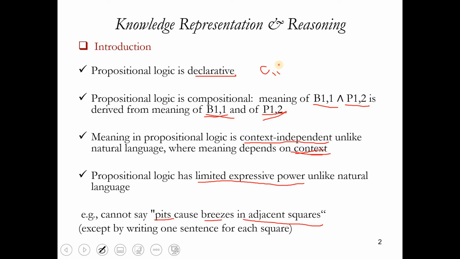So let's say cell 1 1 and cell 1 2, all of them, and the last one is cell 4 4. All of them together imply no pit. Okay, like this you will do it, and I gave you the reason last time. If you have 1000 cells, this is very difficult to manage. It's not feasible.